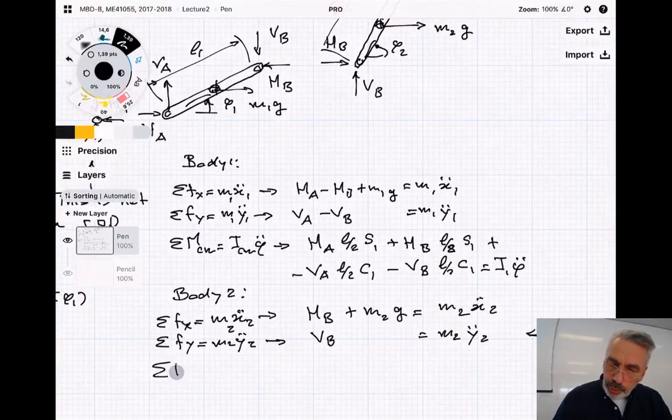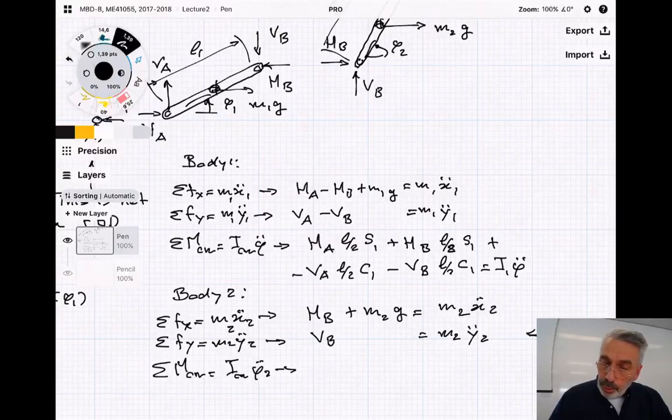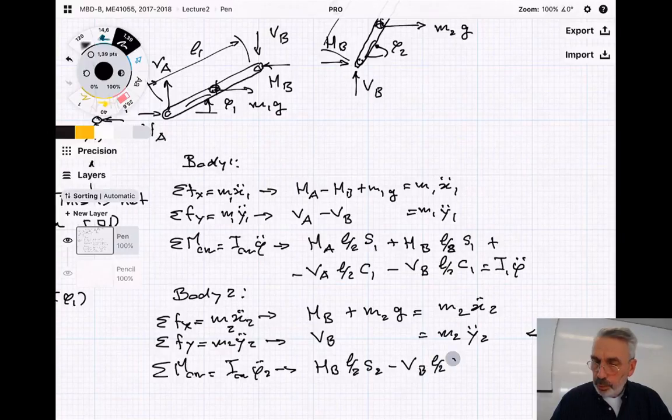The sum of the torques at the CM, I at the CM phi double dot. Now, we can copy a lot of ideas, HB, L over 2, and again a sine 2, that's a plus, and then minus VB, L over 2, cosine 2, gravity doesn't contribute, I2 phi double dot 2.